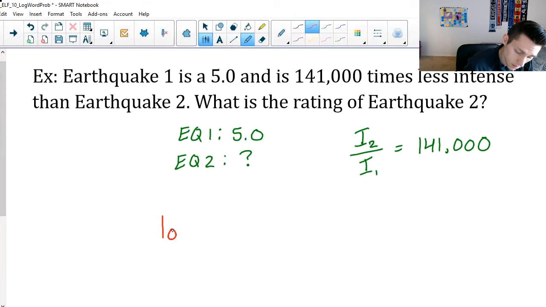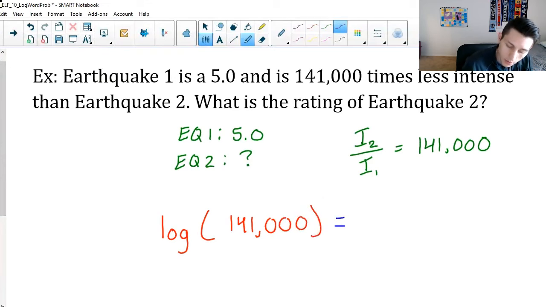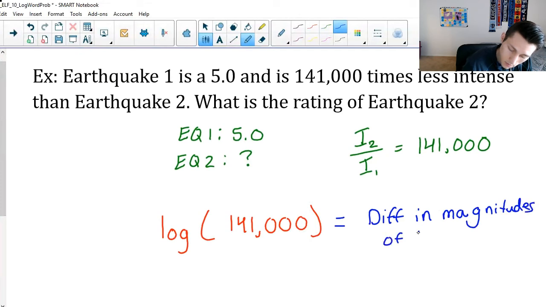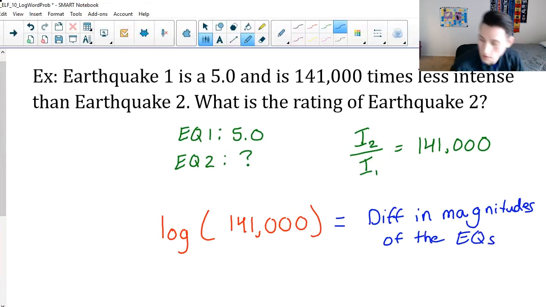And so using my formula, if I calculate log of 141,000, this would equal the difference in magnitudes of the earthquakes.